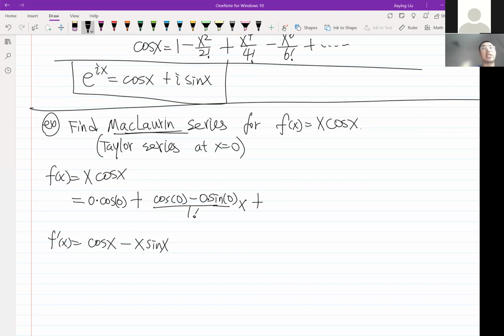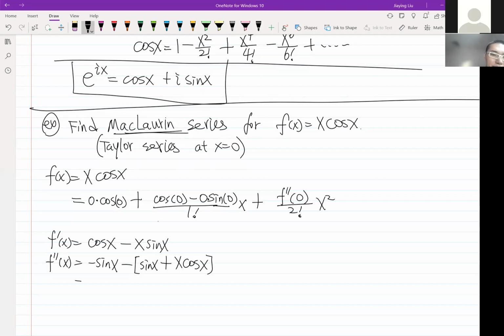And we're going to find the next term. The next term, we need the second derivative with 0 as the input, divided by 2 factorial times x squared. So I need the second derivative, which we can find from the first derivative. The cosine gives me negative sine x, minus, and then the x sine x, when we take the derivative, we get sine x plus x times cosine x.